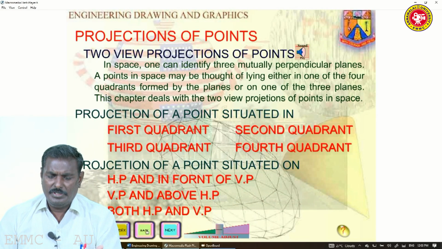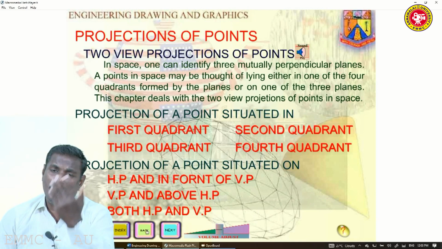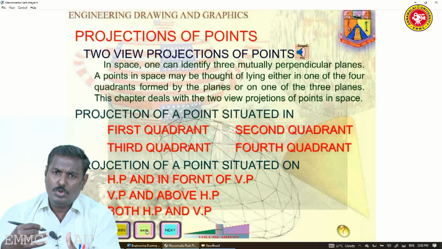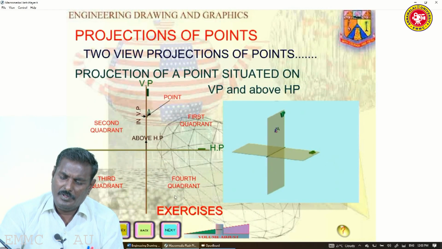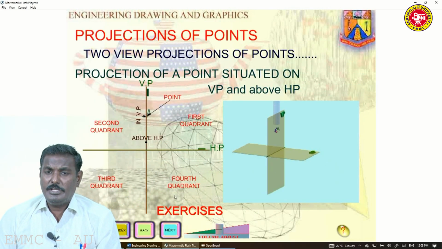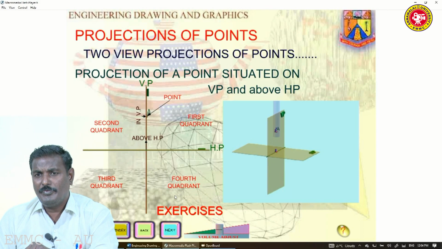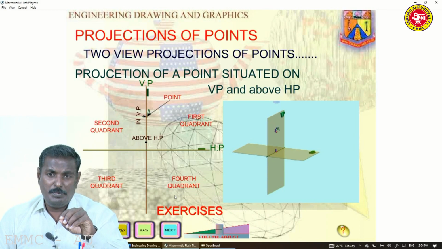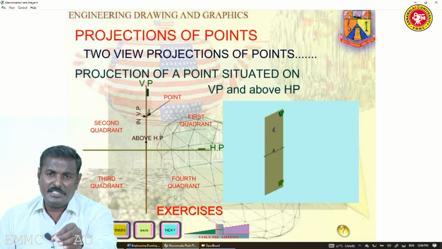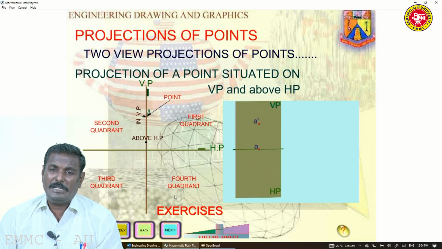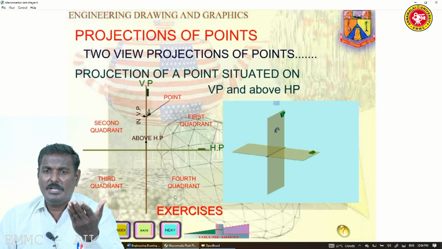Now suppose the point is in VP and above HP, that is the reverse. What I said previously is the same thing here. It is in the vertical plane but above HP. In the vertical plane, or on the vertical plane, the plan view is represented on the reference line, but the elevation may be above XY or below XY.